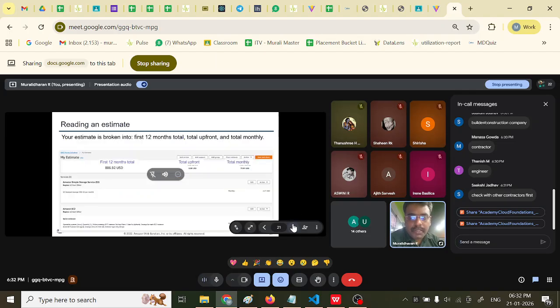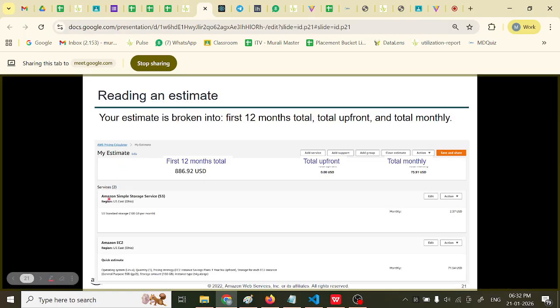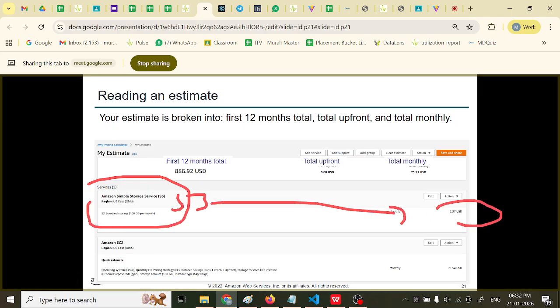Now how to use this pricing calculator? What is it going to do? This pricing calculator gives the full per month estimate and the full year estimate also. Like this, we can see per month the S3 bucket storage service is going to charge 2.37 USD, and overall for 12 months what is the charge?